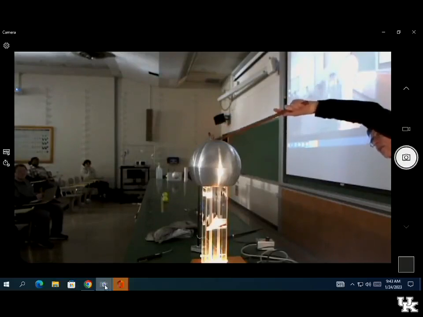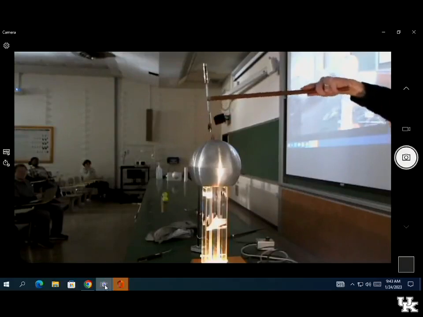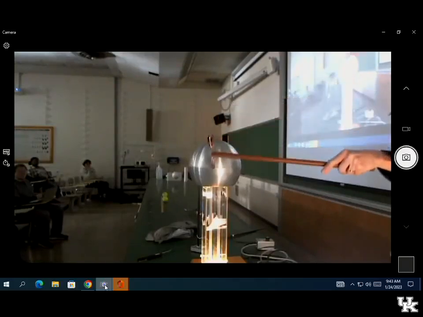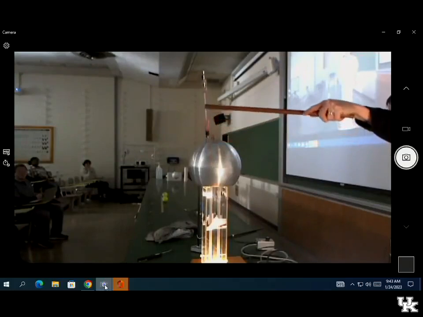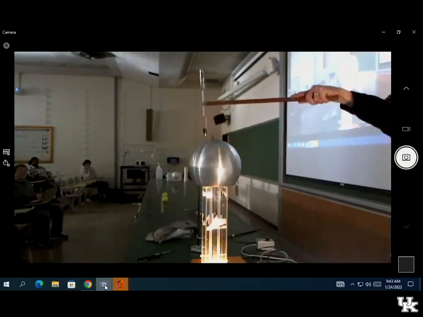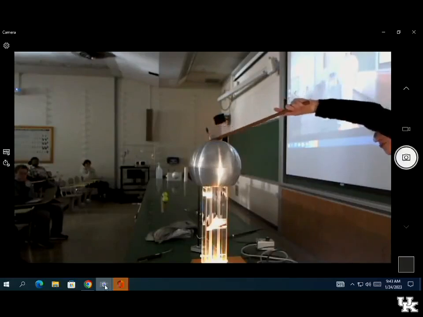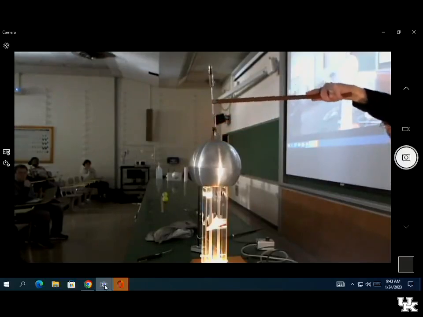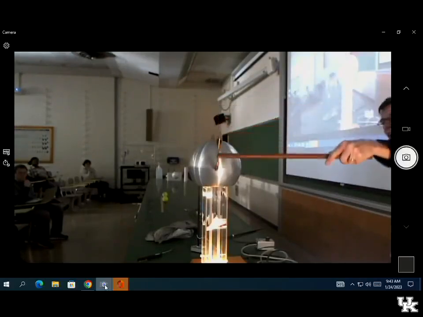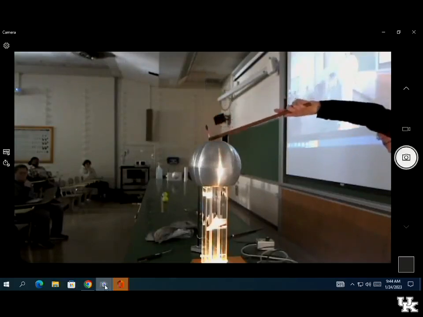And look, I'm not connecting the fluorescent lamp to anything. It's not touching anything, but it's being lit. It's being lit by energy that's in this electrical field. So if you wanted a demonstration that this is a real electrical field, that it contains energy, I think this is a clear demonstration. Okay.